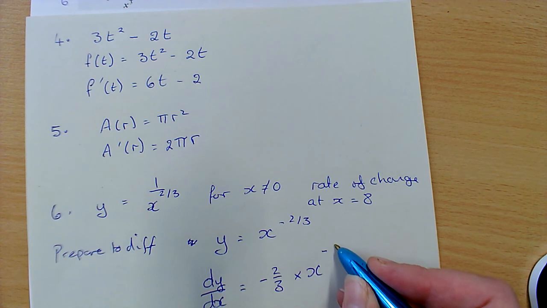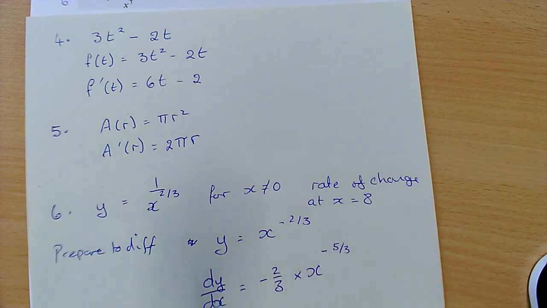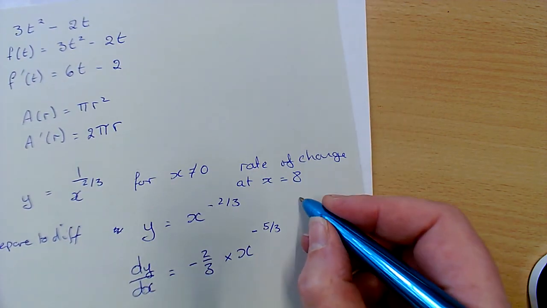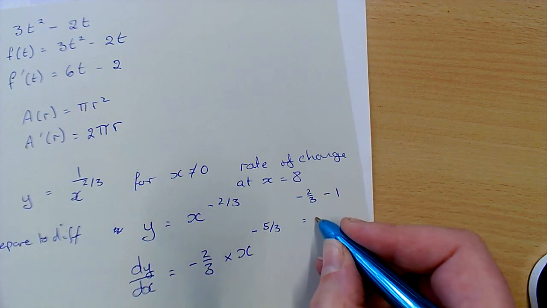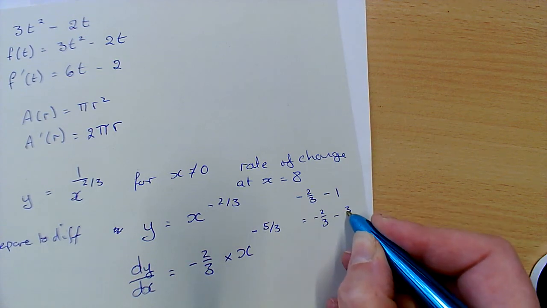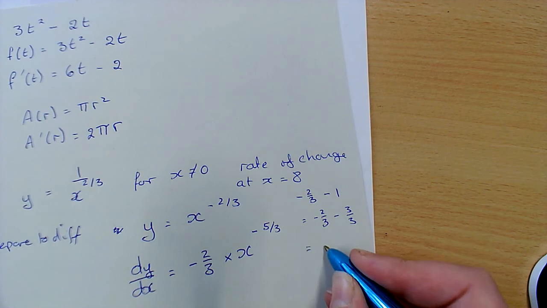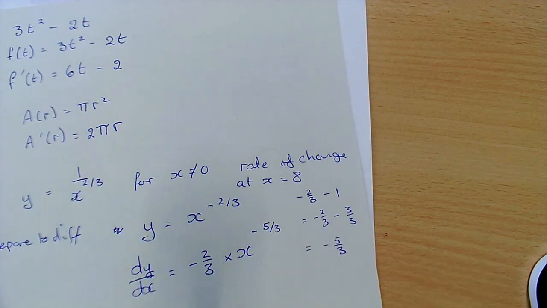So that's going to become minus 5/3. And you can see that because if you start at minus 2/3 and you're going to take away 1, that is the same as minus 2/3, take away 3/3, which is the same as minus 5/3. So it becomes x to minus 5/3.